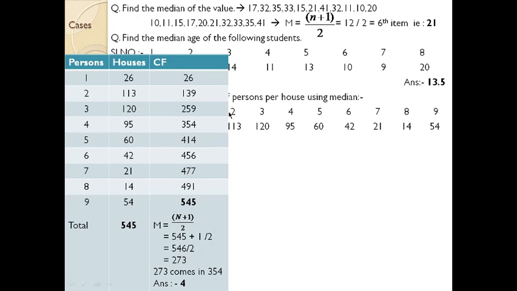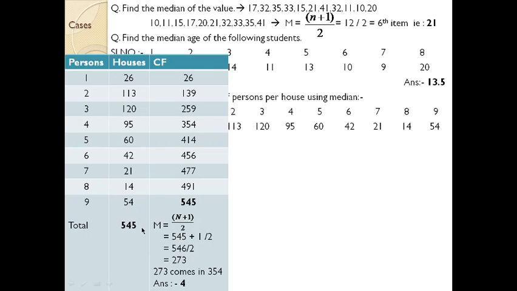Remember, we previously used the equation M equals n plus 1 by 2. If you look closely, you can see that here it is small n, here it is capital N. Small n represents the number of items, whereas capital N represents the total of frequency.